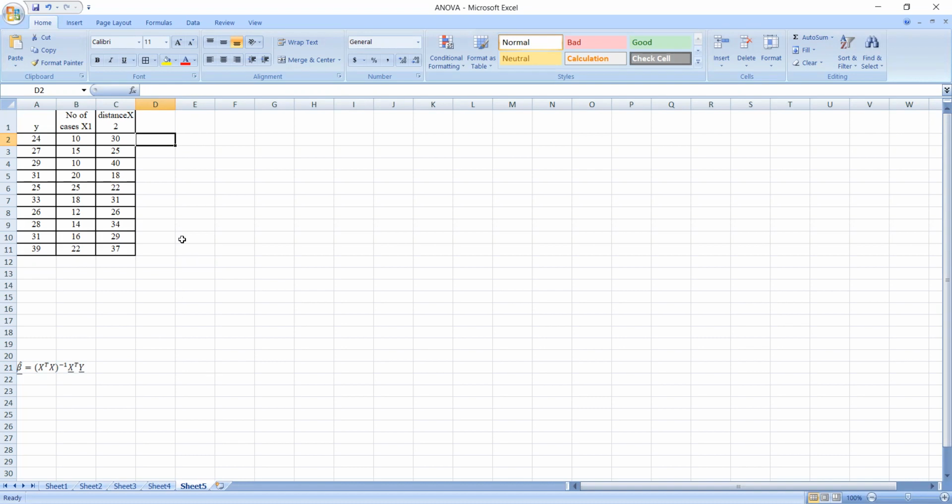But as we saw in the question, the first variable is not just x1. You have to take the x1 value and subtract its mean. So first of all, I'm going to find the mean values of the variable x1 and the variable x2.